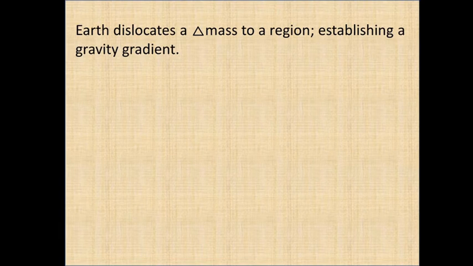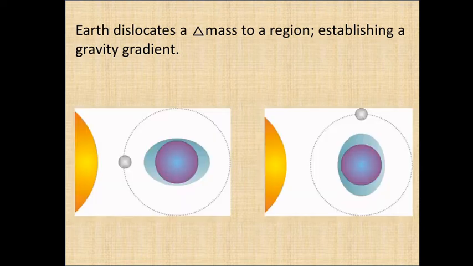Earth dislocates a delta mass or region, establishing a gravity gradient. Here we have two pictures. On the left, we see that Sun and Moon both have their gravitational field, and they add to form the high tides on Earth.